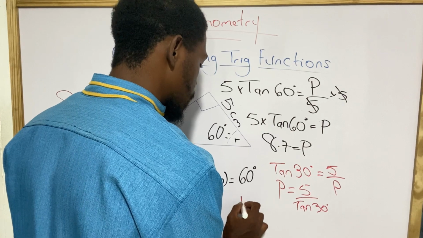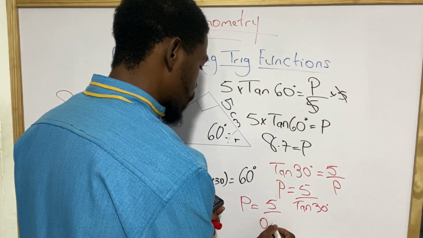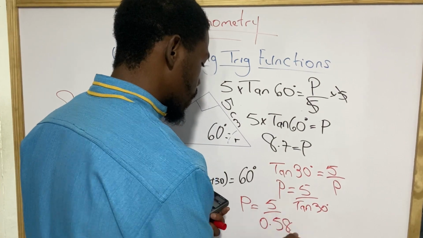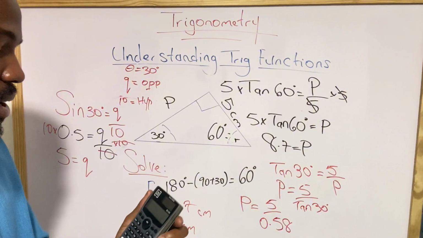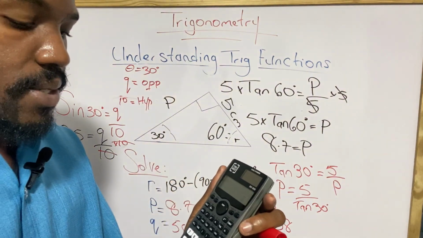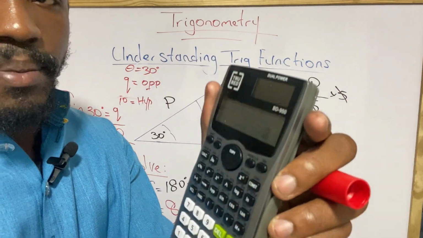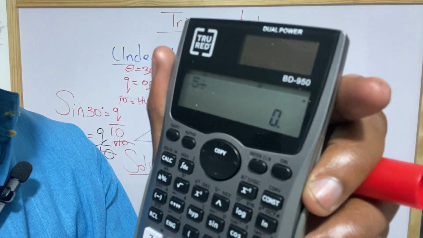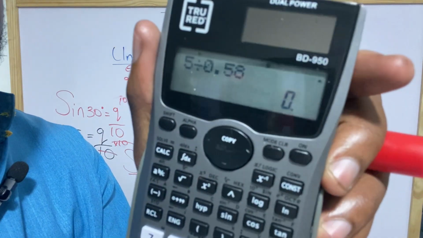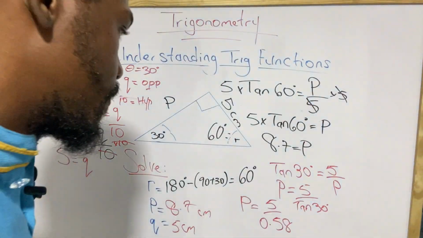So P equals 5 over 0.58, right? So let's keep it at that. So 5 divided by 0.58. Let me just type it again. 5 divided by 0.58 is going to give me the same thing, right?